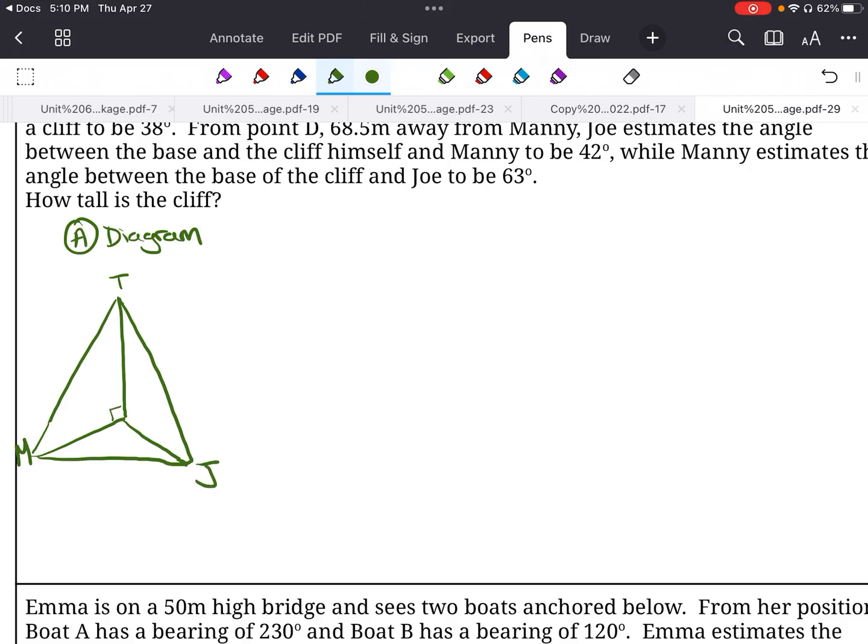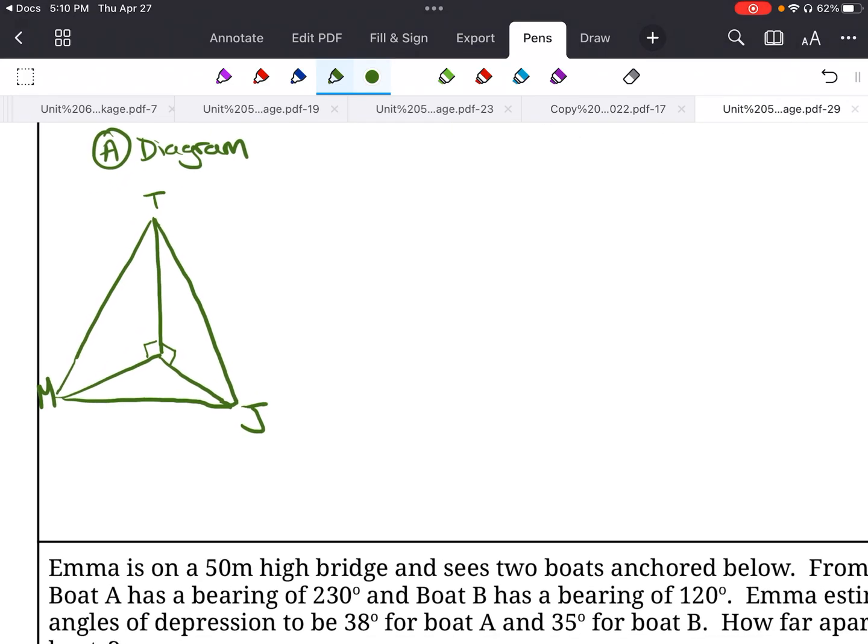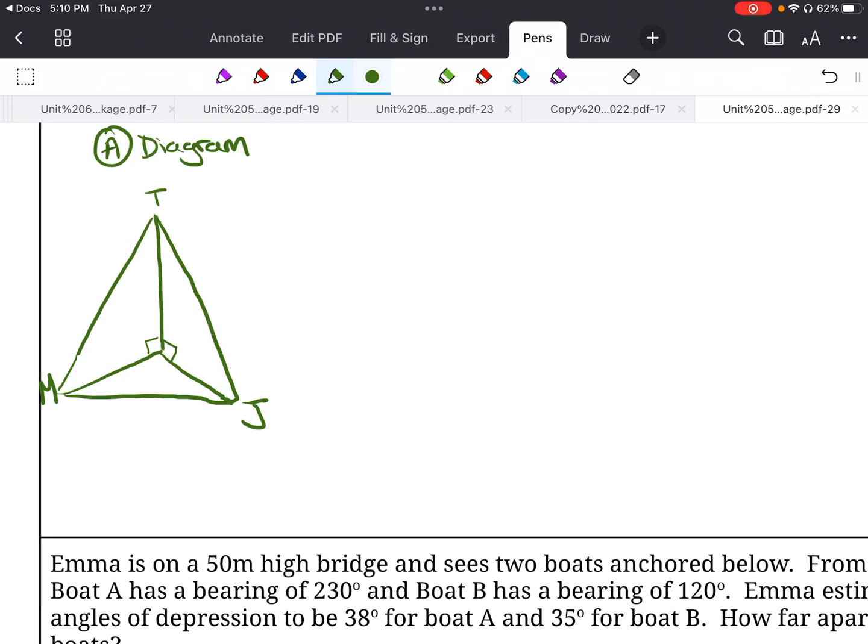So the cliff is 90 degrees. Okay, 3D shape. And the information that we know, Manny's looking up at the cliff at 38 degrees. 63 here, 42 here, and Manny and Joe are 68.5 meters away.